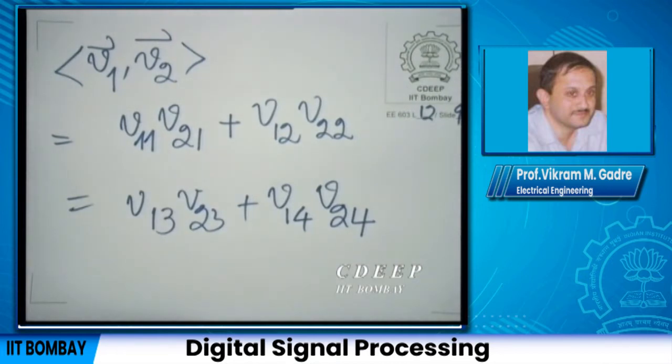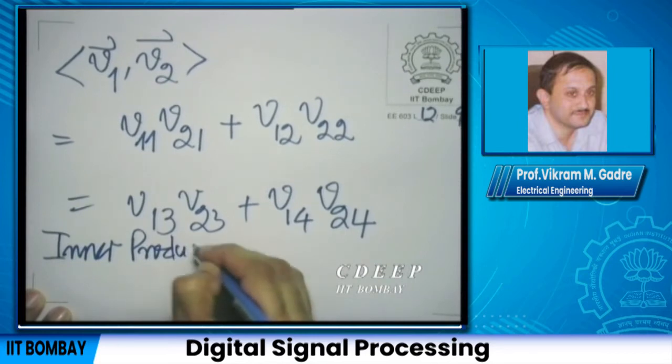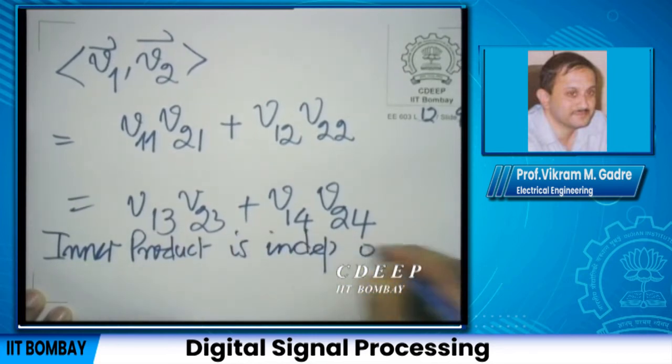So, that is what I am saying. The dot product has nothing to do with which basis you use, it is independent of the basis. The dot product or the inner product is independent of basis, and that is not very difficult to see.